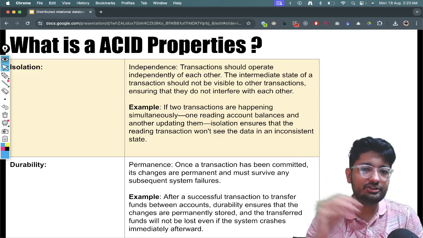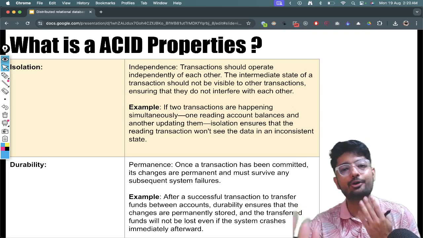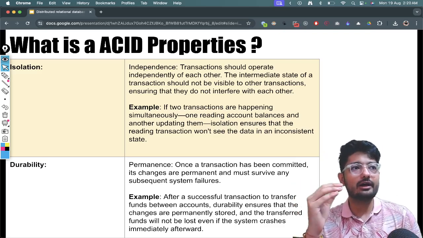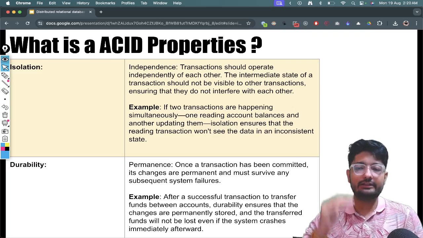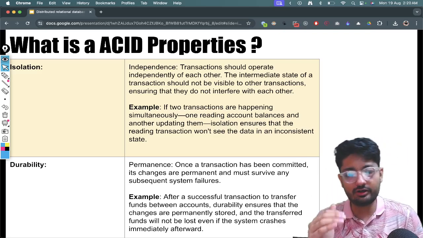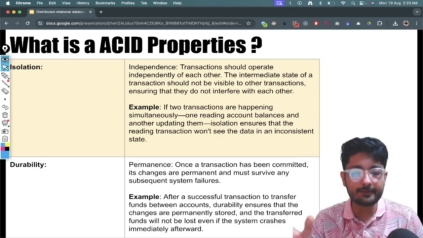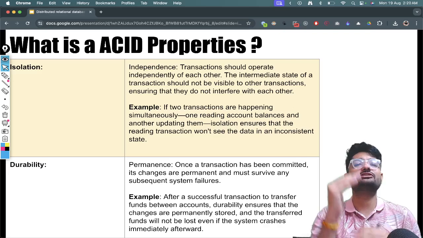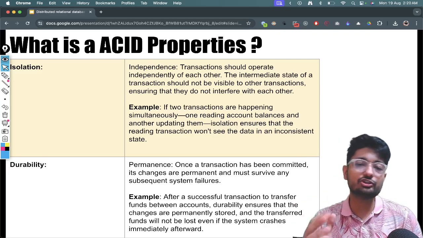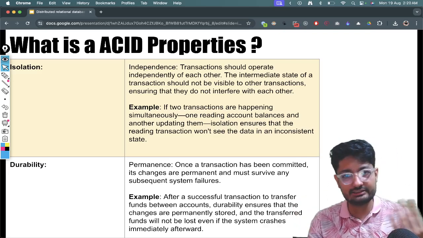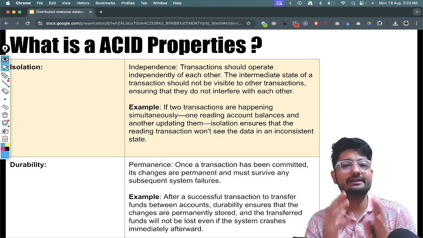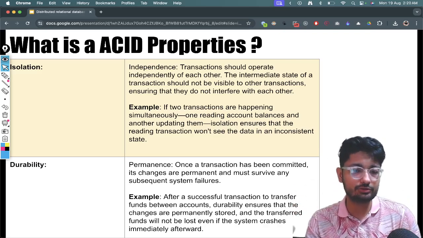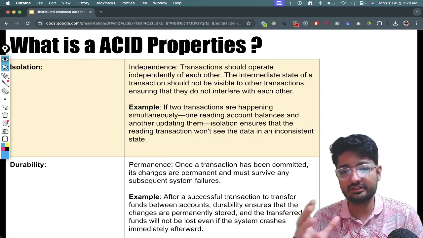No other transaction or action should happen on our account, and the set of rules should be followed in a complete-or-none manner. So no other operation should be performed in the transaction when it is already going on. It should be isolated from the other operations performing in the database.